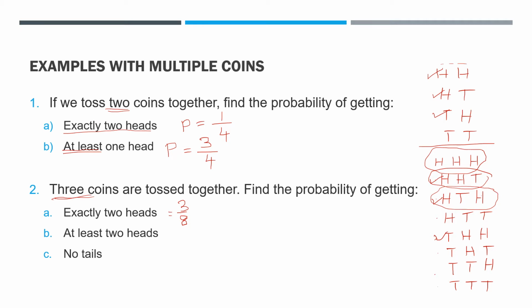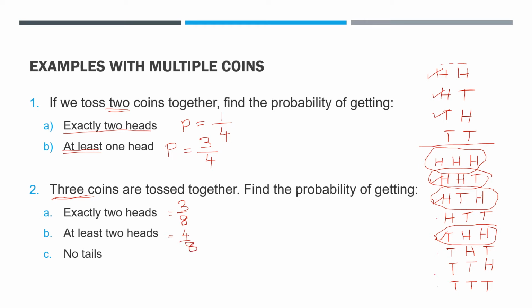This doesn't have at least 2. This has 2 heads, so this is also within our favorable outcomes. And not this, not this, not this. So how many outcomes are favorable? 1, 2, 3, 4. So at least 2 heads is 4 over 8.